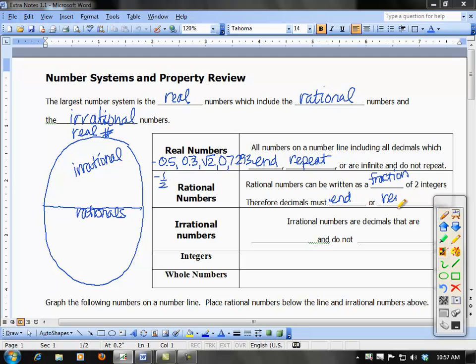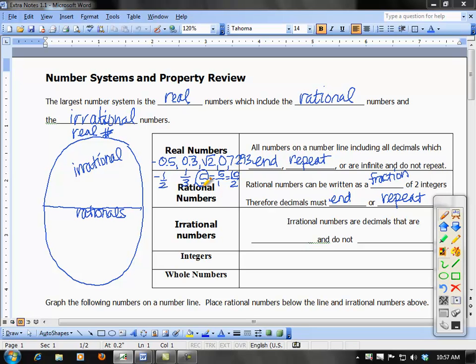Or they have to repeat, such as 0.3 repeating, which is the same as 1/3. Now, 5 is still considered a rational number because you can write this as 5/1 or 10/2. Because it can be written as a fraction, 5 is still considered a rational number.